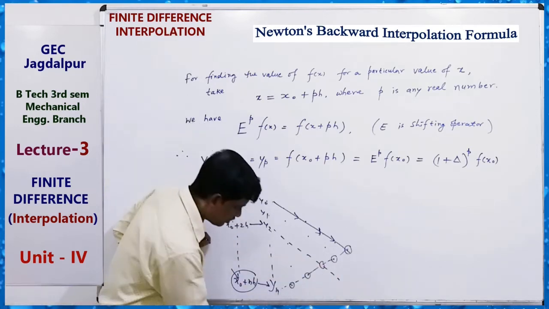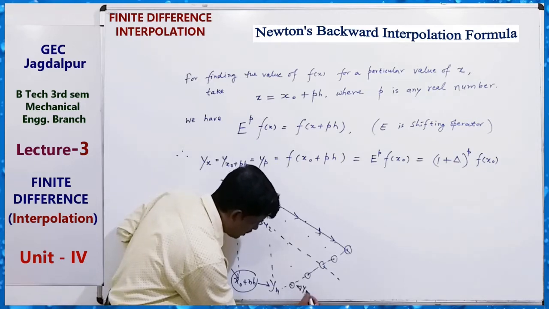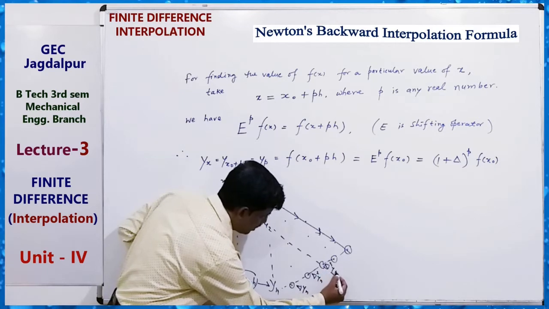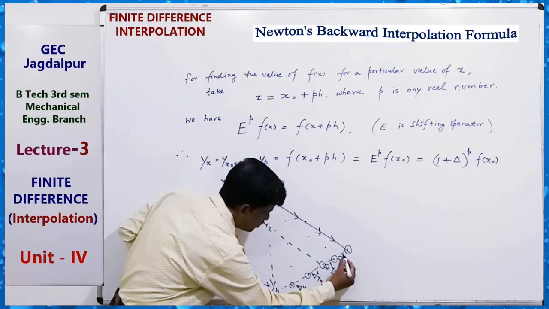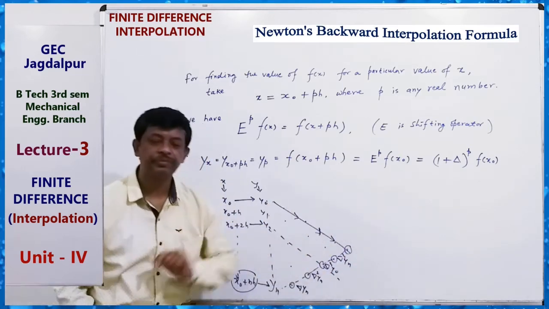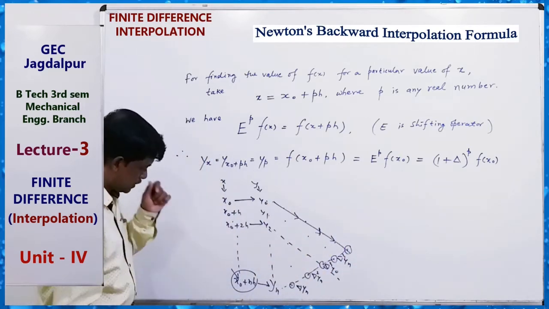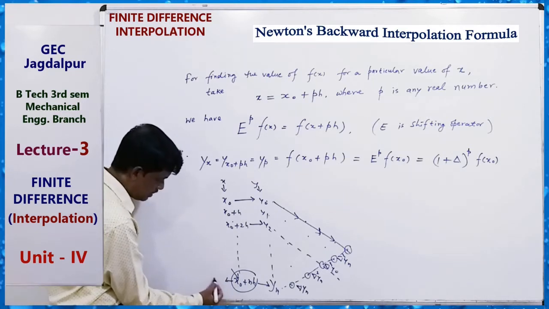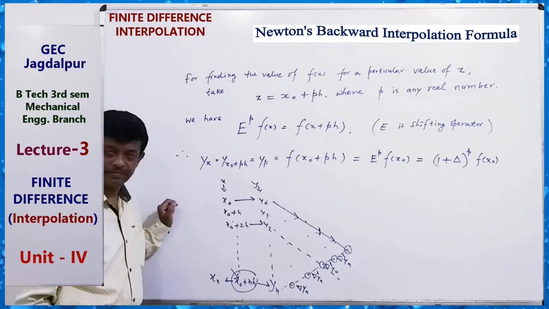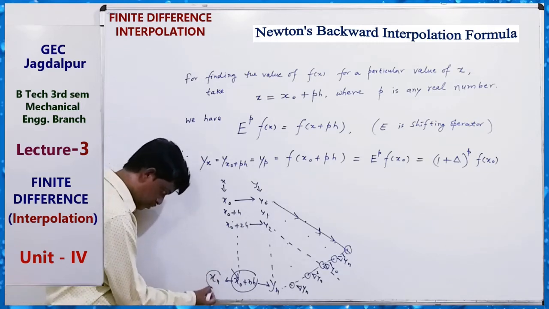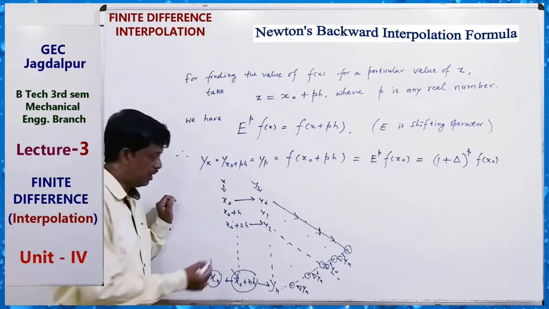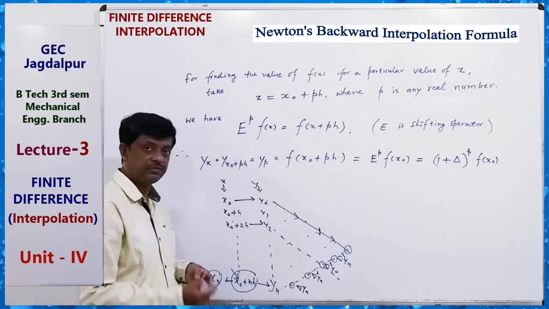because this is backward difference of yn, backward difference square of yn, backward difference cube of yn, backward difference 4 of yn. So if this is xn, the origin will be this point for the backward difference table and the backward difference formula.